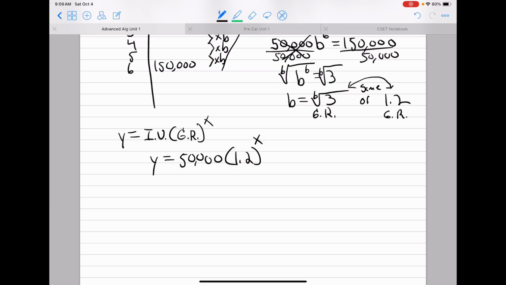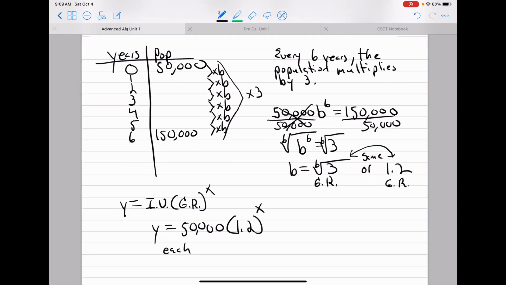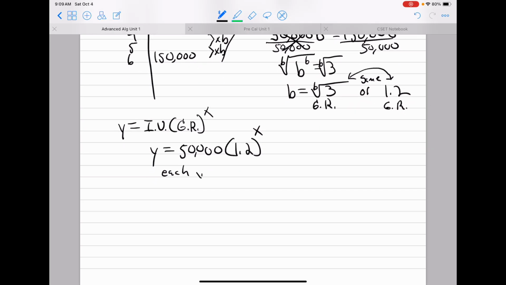And so this means each year the population multiplies by 1.2. And now we're going to do the other way. Y equals initial value times growth rate to the x.